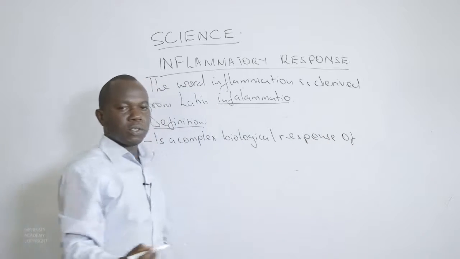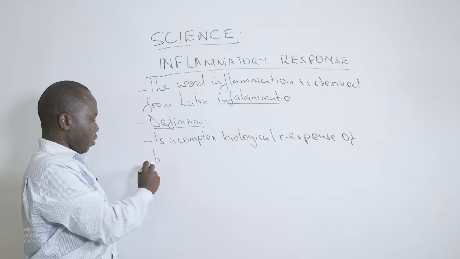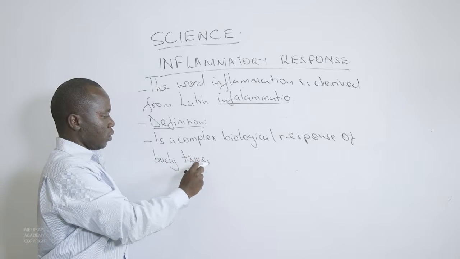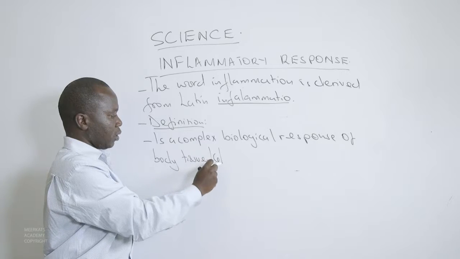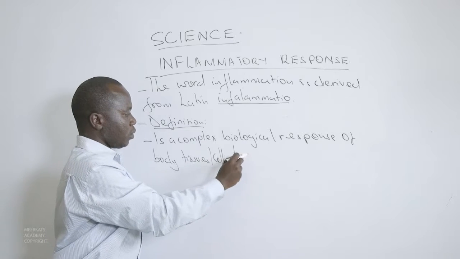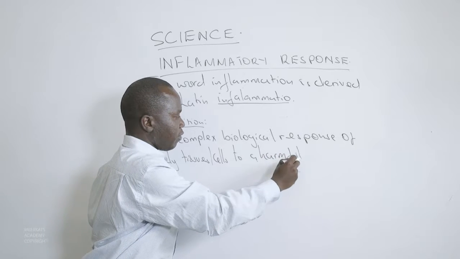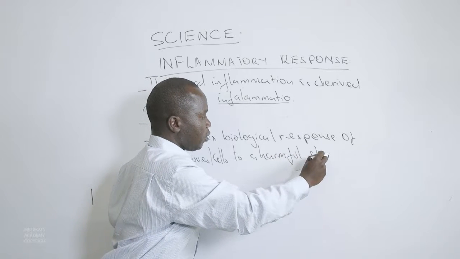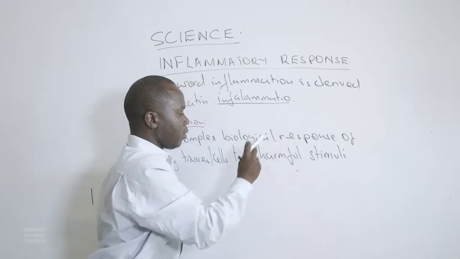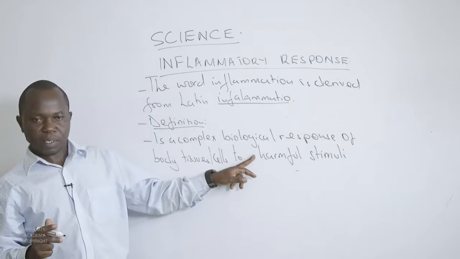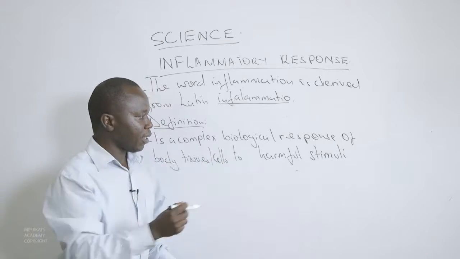You can say reaction or response of body tissues or cells to a harmful stimuli. To harmful stimuli. Because there are many, you do not need to put there the letter A.